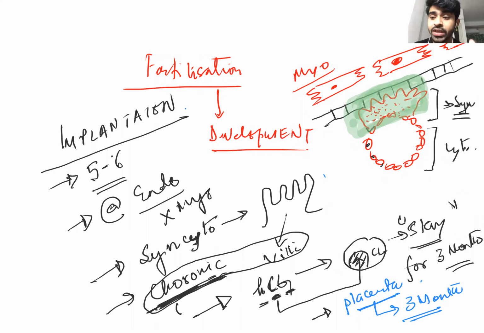But for what reason? Because corpus luteum is the only source of progesterone and estrogen in the body of a lady. So the equation is very clear. After the 3 months, who will be the source of estrogen and progesterone? Write me this question.